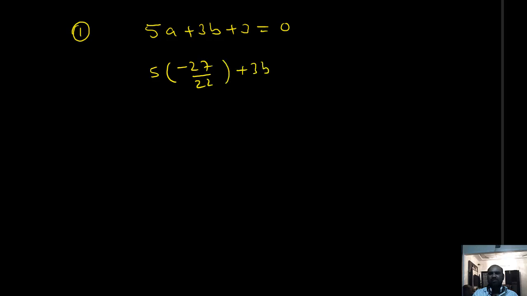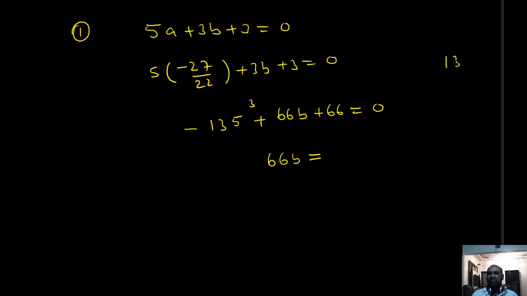Minus 5 sevens are 35, 5 twos are 10, 135, over 22, plus 66b plus 66 equal to 0. Or 66b is equal to 135 minus 66, which gives 69.